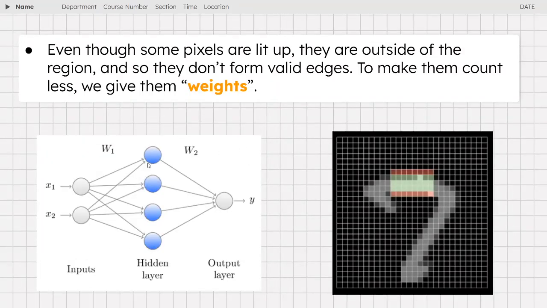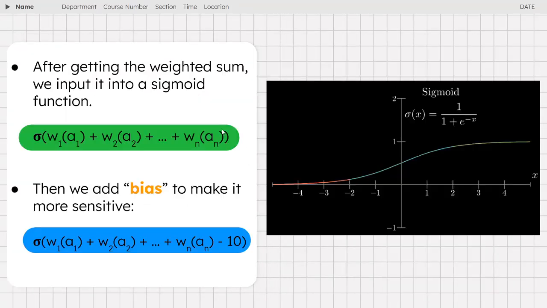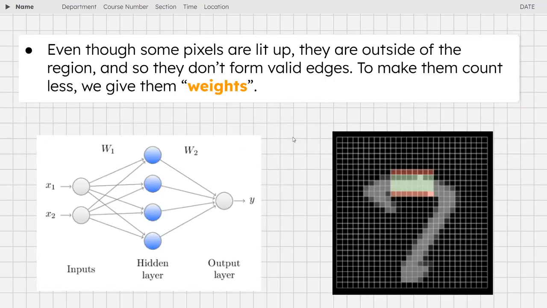And the neurons only hold values from 0 to 1. Therefore, we put it into the sigmoid function, which will always give us a value from 0 to 1. If the weighted sum is a high negative, like negative 75, it's gonna be closer to 0. Basically, the more negative it is, the closer to 0. The more positive, the closer to 1. And this makes sure that we're always getting a value from 0 to 1 in each of the neurons.